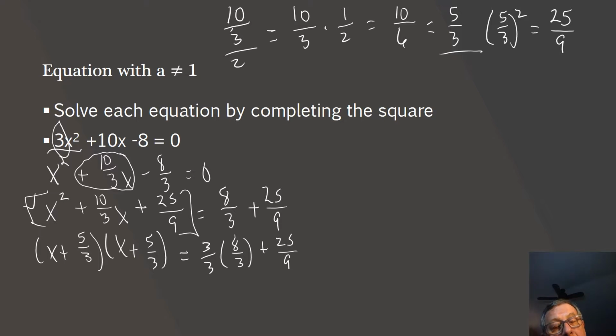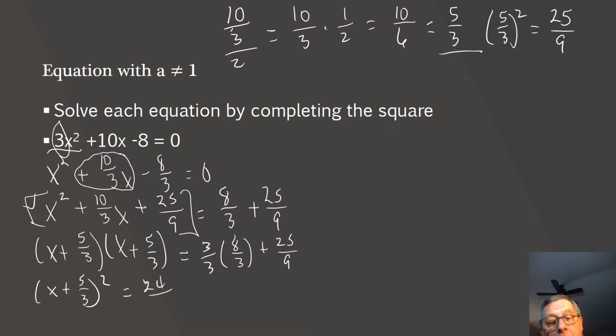All right, so we're going to write this now as x plus 5/3 squared equals 3 times 8 is 24 over 9 plus 25 over 9.